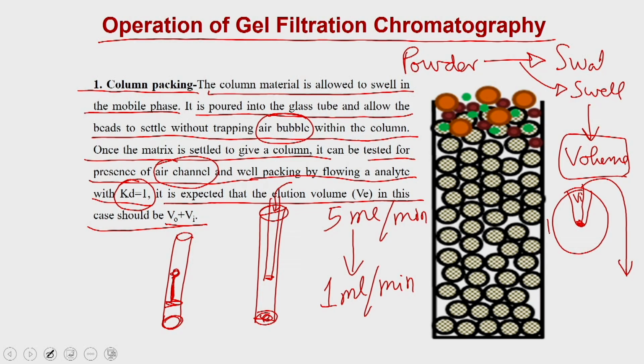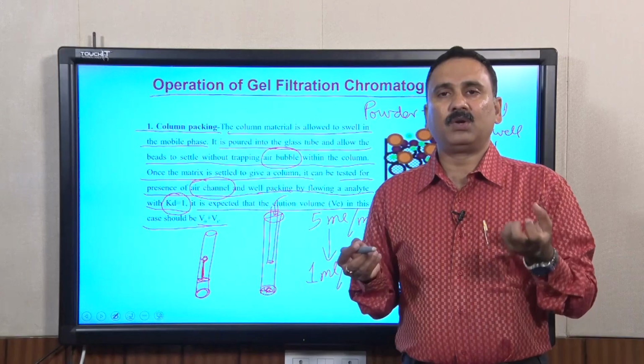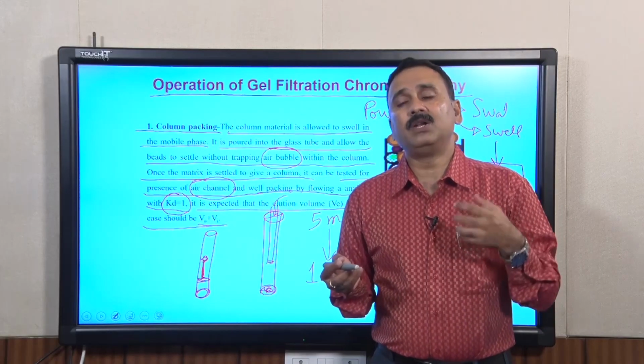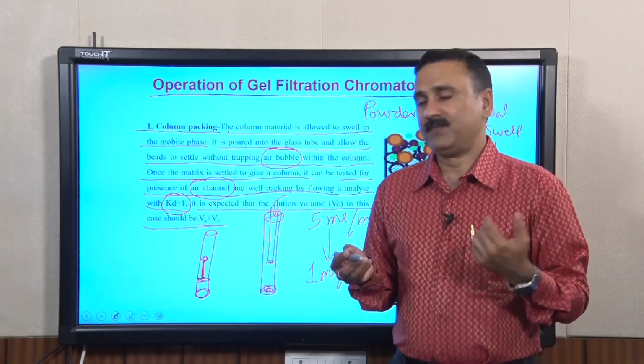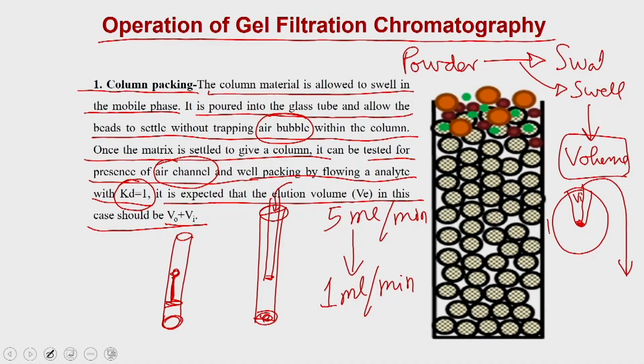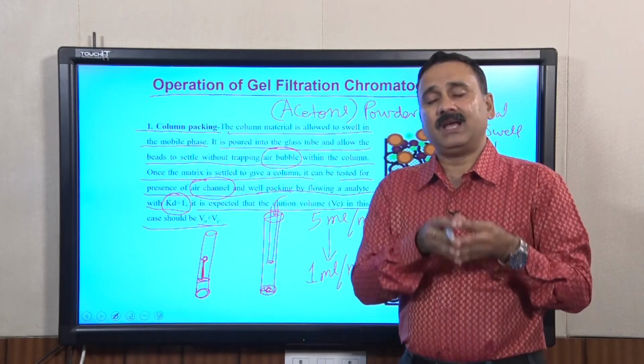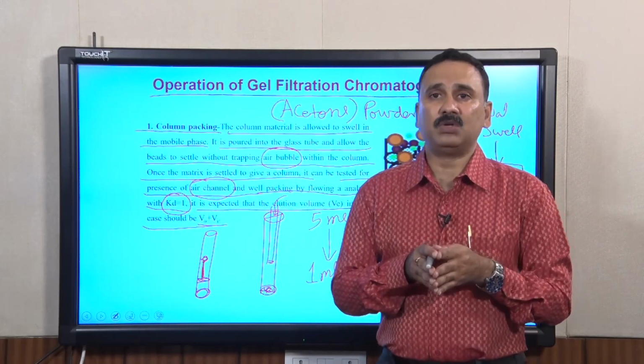So, to know this, you can use a molecule which is small in nature, but should be detectable. One such molecule is acetone. Acetone is an organic molecule, so its miscibility within the water is less, but it still is a very small molecule.